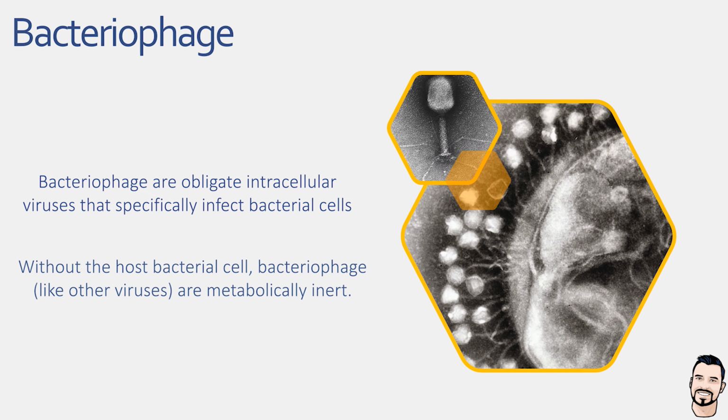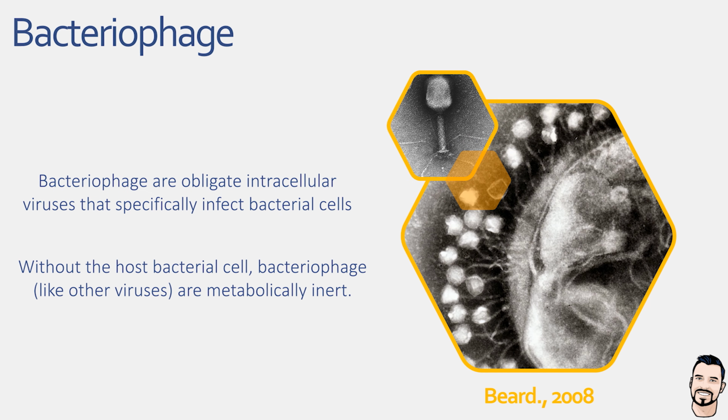A second key point we need to remember is that just like all other viruses, they are metabolically inert, which is just a fancy way of saying they are unable to do anything by themselves because they don't contain the enzymes required to transcribe and translate their genomes. Therefore, in order to complete these fundamental processes, they need to hijack the enzymes of a host bacterial cell. And this is exactly what you are seeing in the picture on the right. Multiple bacteriophage are attaching to and invading a bacterial cell in order to utilise the enzymes within.